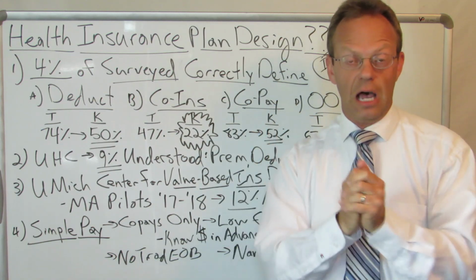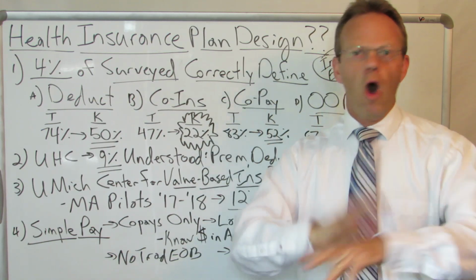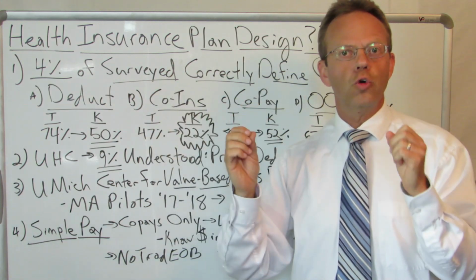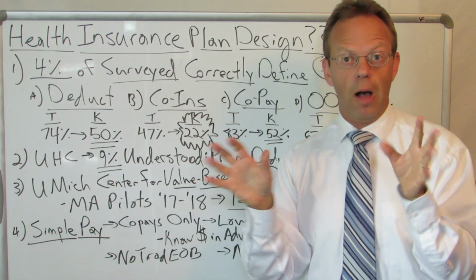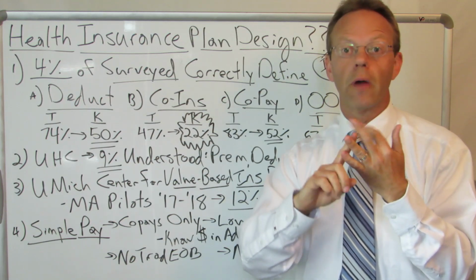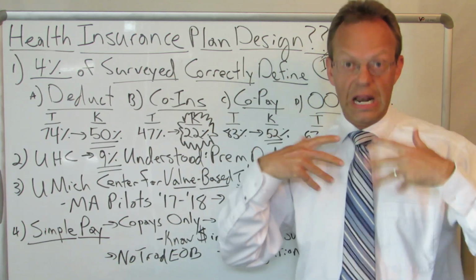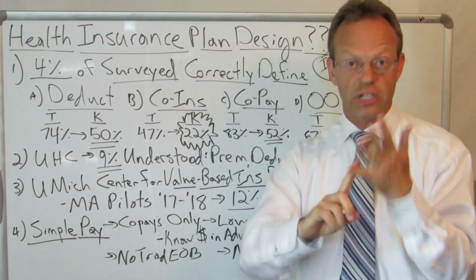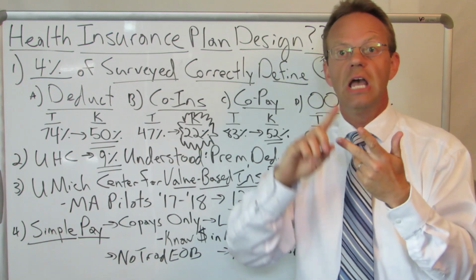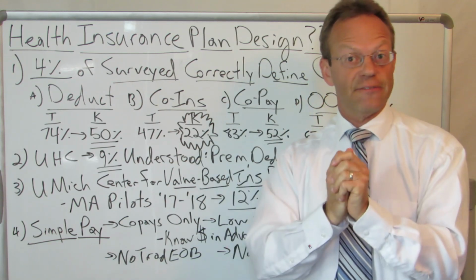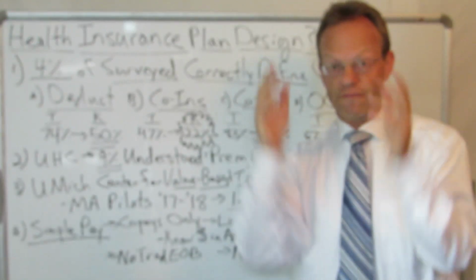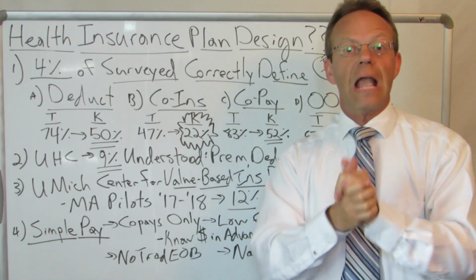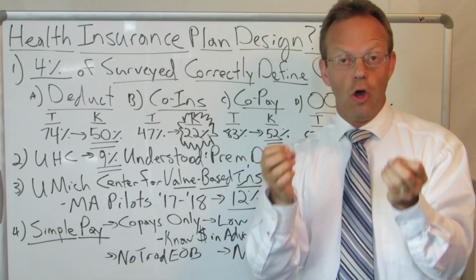I've done this many times where I would present to people from all over the world who were incredibly intelligent. These people had PhDs, these people were engineers, these people were software programmers, and I would explain to them how their insurance benefit design would work with their deductibles and their copays and their co-insurance and their out-of-pocket max and the difference between an individual deductible and a family deductible and an embedded deductible. And their reactions were priceless.